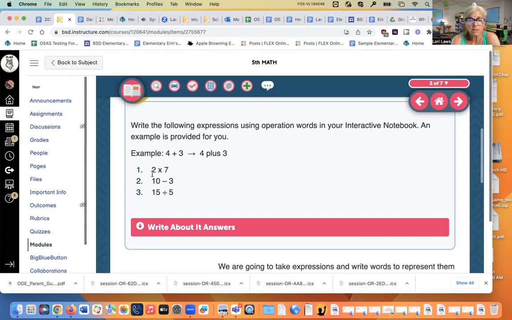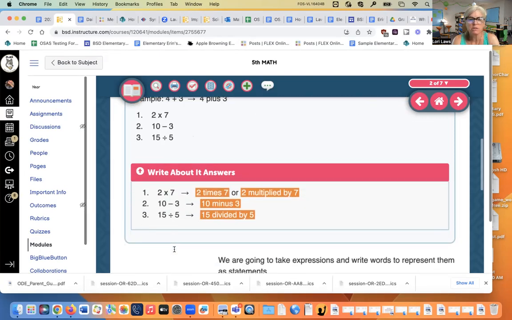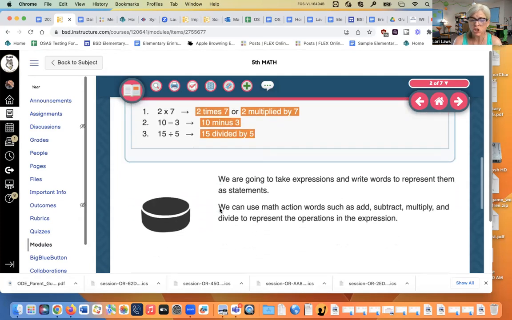So in this case, it would be 2 times 7, 10 minus 3, 15 divided by 5. So here they are, 2 times 7 or 2 multiplied by 7, 10 minus 3 or 10 subtract 3 or subtract 3 from 10, 15 divided by 5 or 15 split into 5 sections.